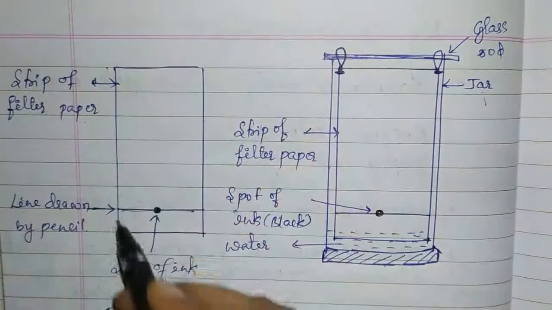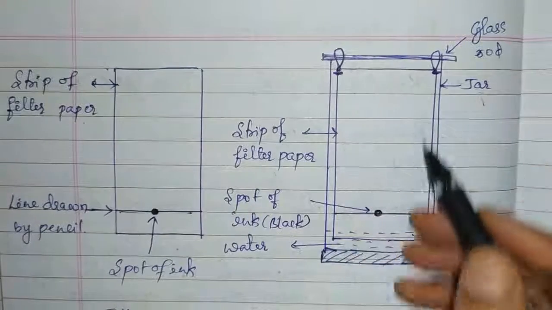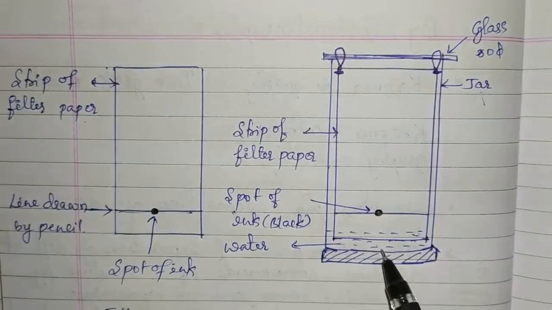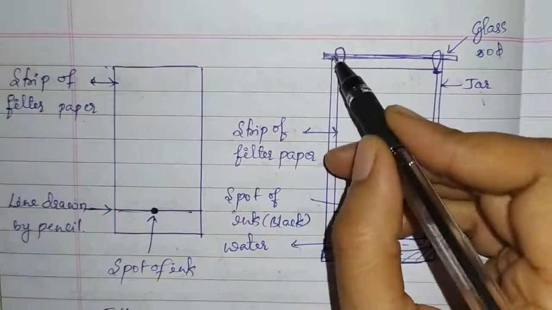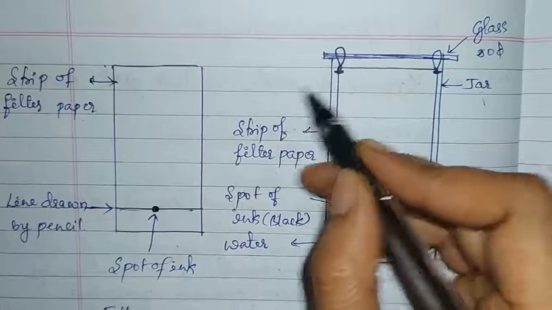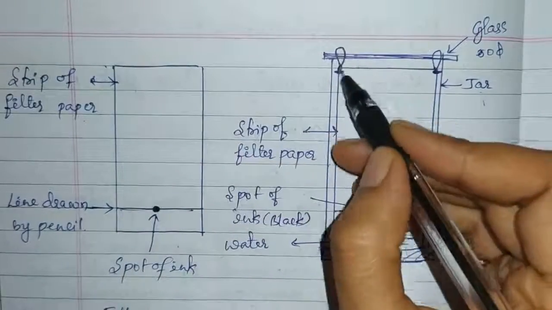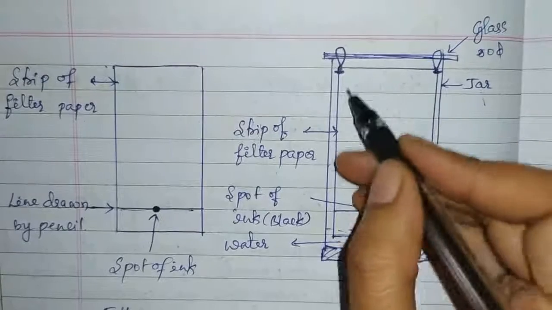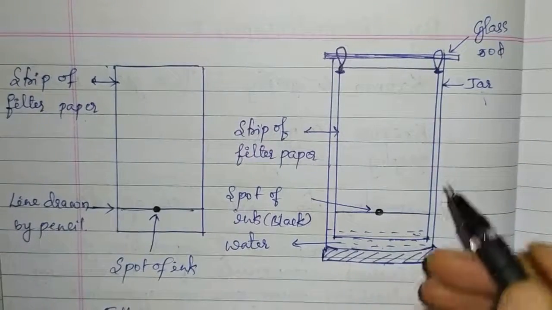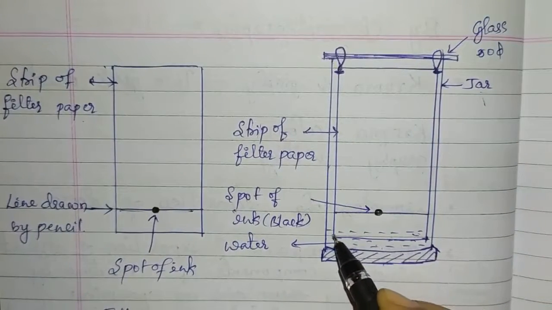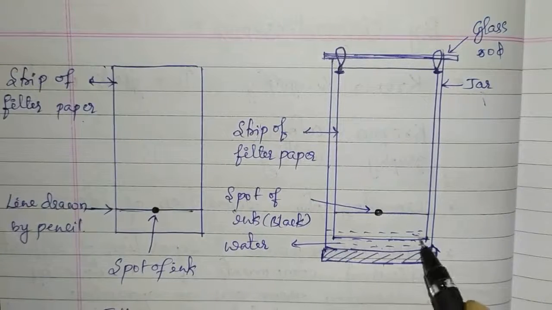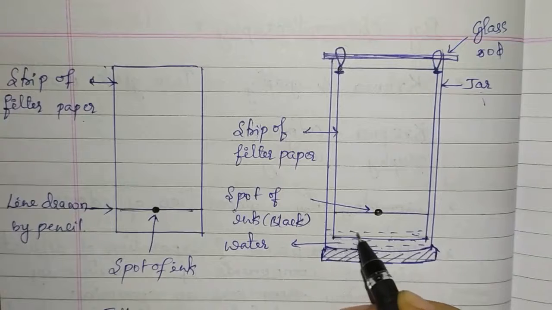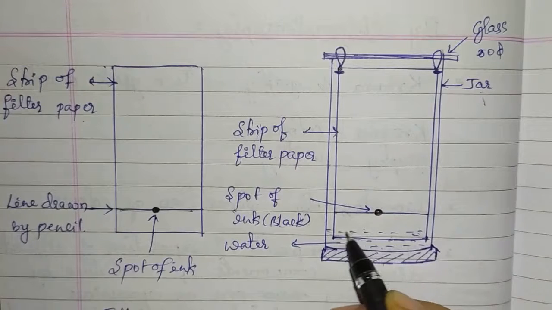This strip of filter paper is placed in a jar or beaker in which water is placed. See here, with the help of a glass rod, this strip of filter paper is tied here, and it is hung in such a way that the water present in the jar or beaker touches the filter paper.